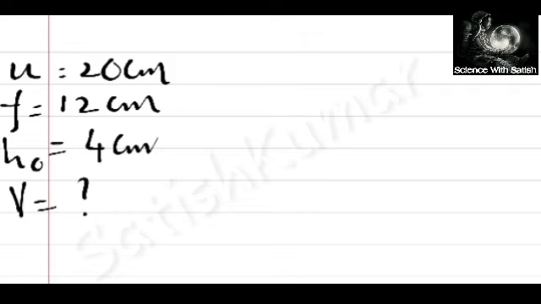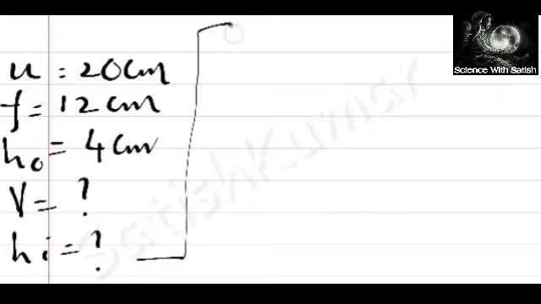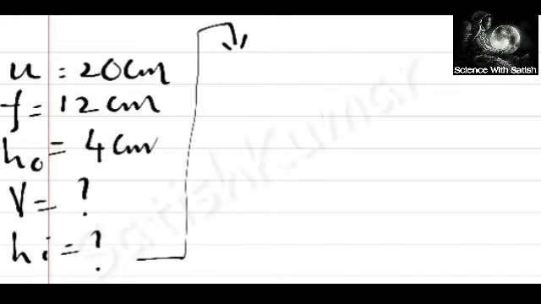So we have to find out how much V is, and we have to find the height of the image also. I am going to find V first. For that I am going to use a formula called the mirror formula, which is the relation between focal length, object distance and image distance.